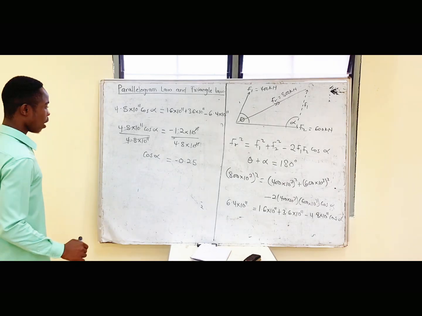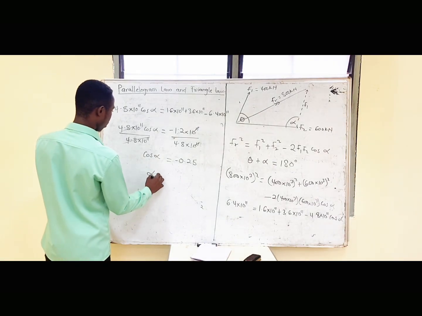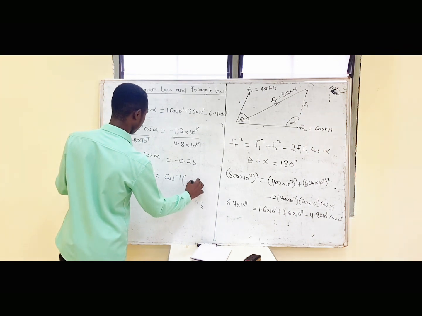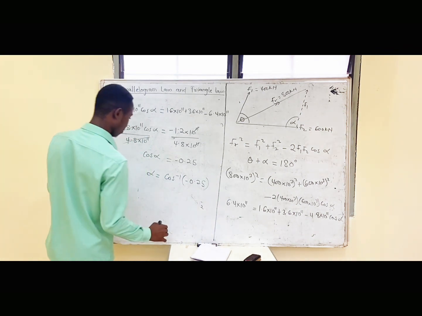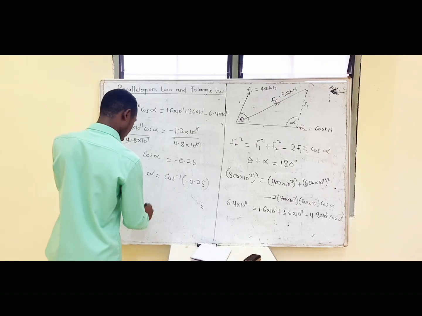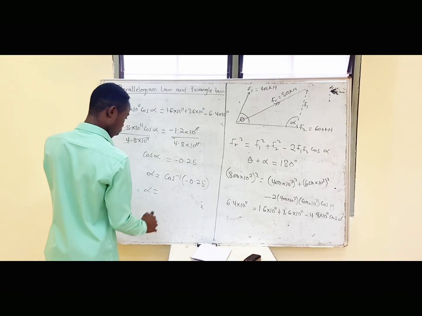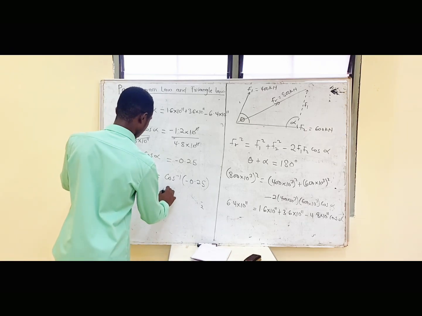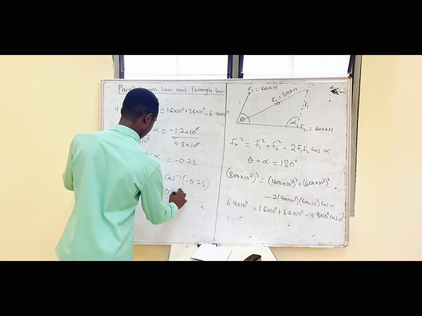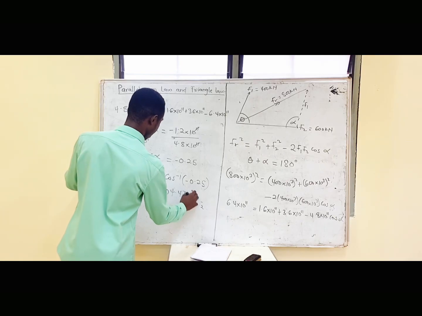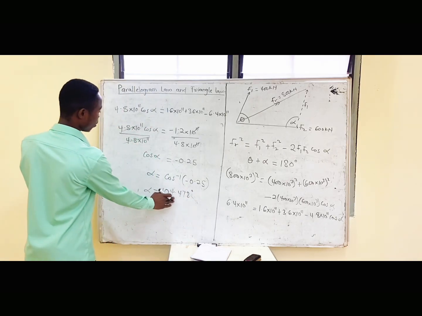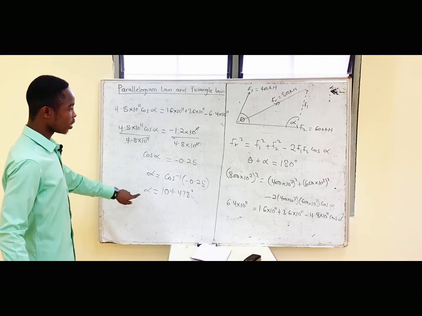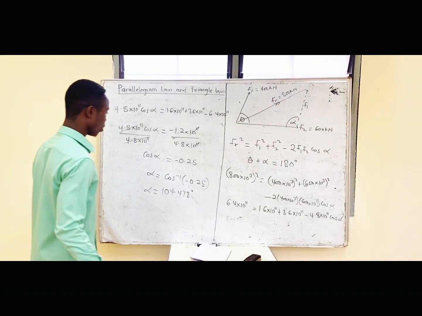Very good. Now we want alpha. So alpha will be equal to cos inverse of negative 0.25. And finally, alpha will be 104.478 degrees. But we are not looking for alpha, but rather we are looking for theta.